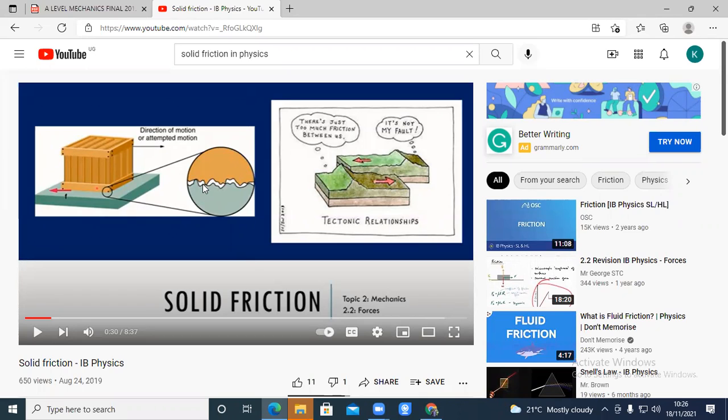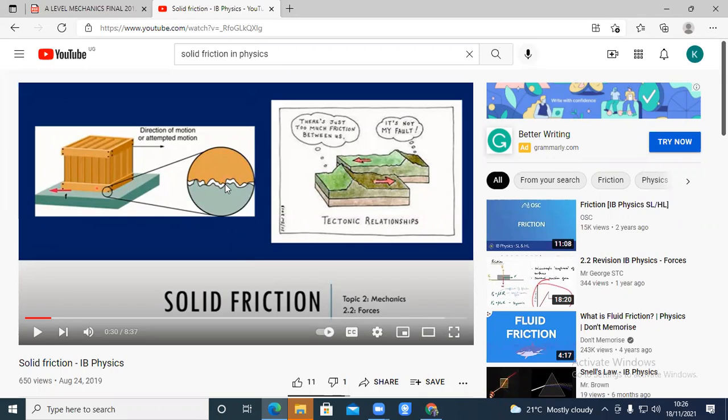We have just zoomed in on this small part, and this is what you see with a microscope. The area is not flat, it's zigzag. That's what is creating the friction.